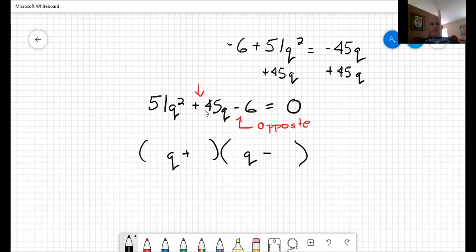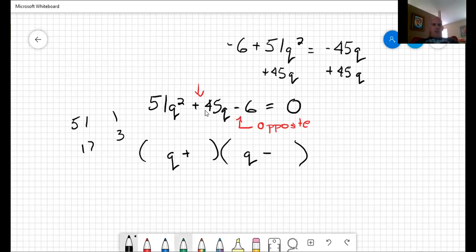But to get to 45, if I'm subtracting, I may actually need to use 51. So my factor options are 51 and 1, or 3 and I believe 17. Yeah, 17. So those are my options. I could do 17 times 6, but that's probably going to be too much.